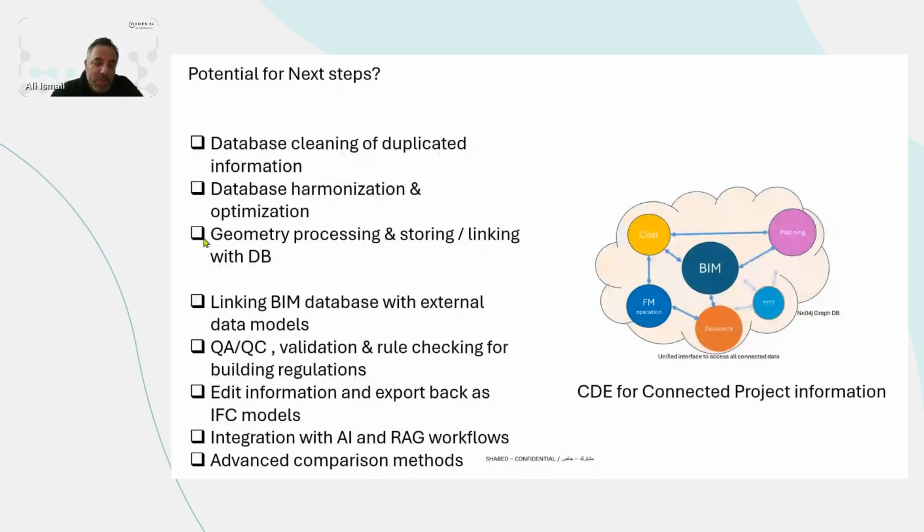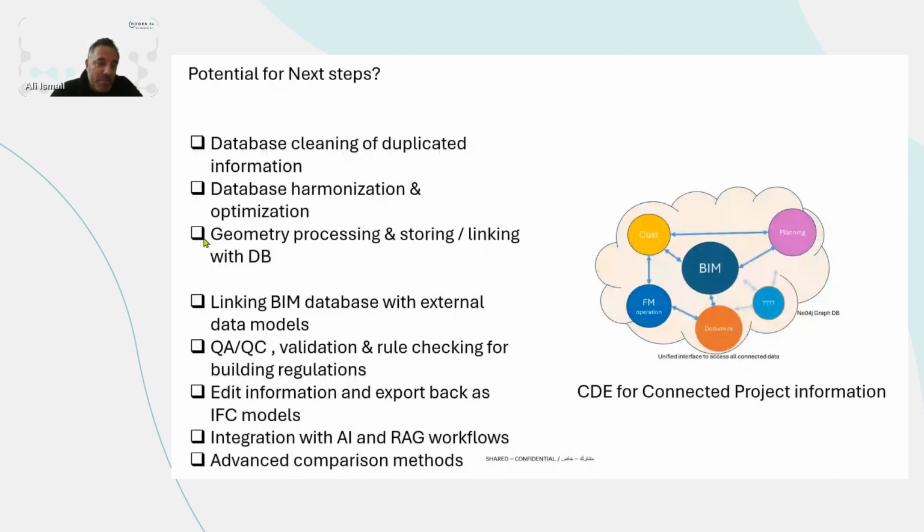If you don't want to keep, for example, the attribute assigned to the element as a relationship, we can convert them to an attribute. We can in the future integrate the Neo4j database with a geometry engine and process this geometry and either store them or link them in the database. So maybe we can do a kind of special queries or visualization for the modified model.